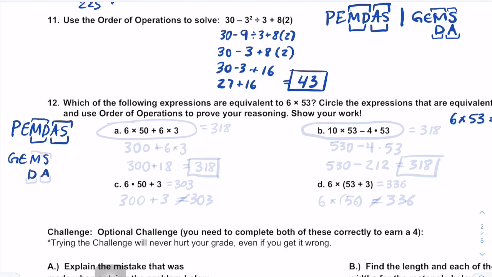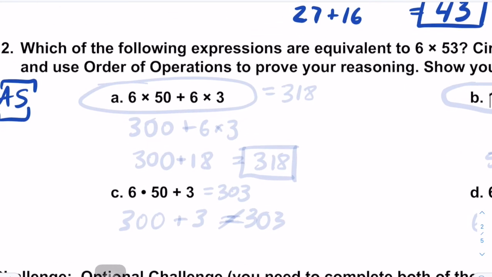We have the same here for GEMS. It's just set up a little differently. Starting with A, I do see that there are two different operations. There's multiplication and addition. I do see that multiplication comes first, so I'll go ahead and solve from left to right. I see 6 times 50. I know that this gives me a product of 300.